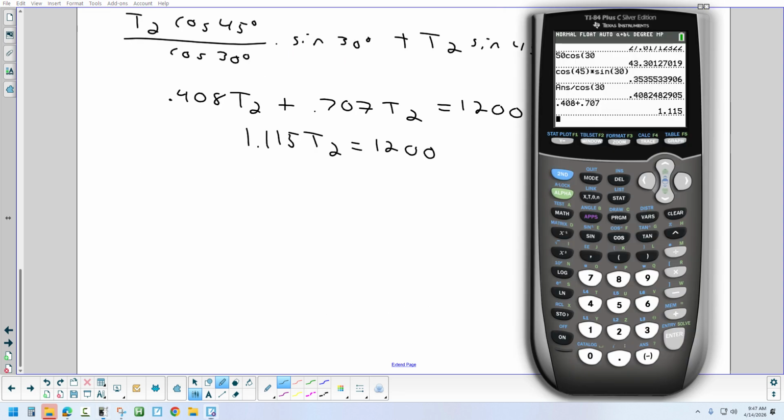And what's our last step? Yep, and how would you do that? Yep, divide by 1.115. Okay, so the tension in cable 2 is 1,076.23.